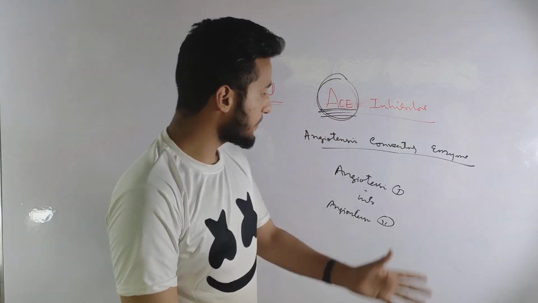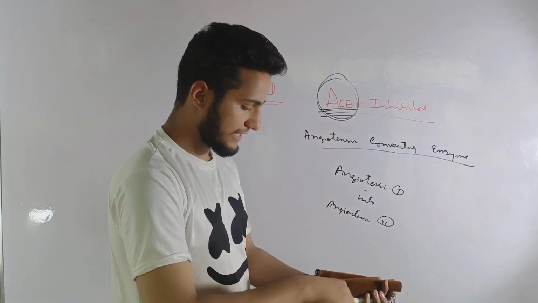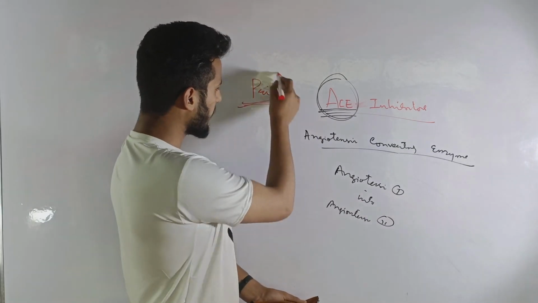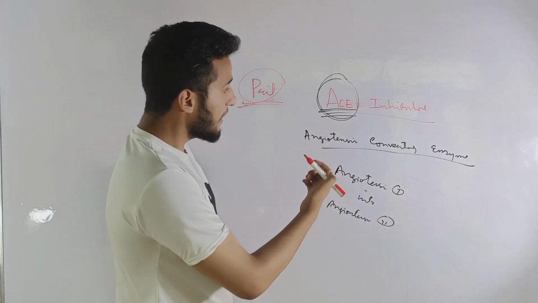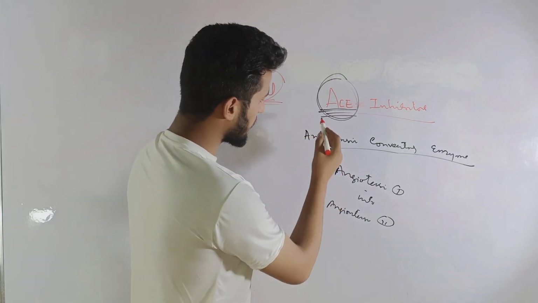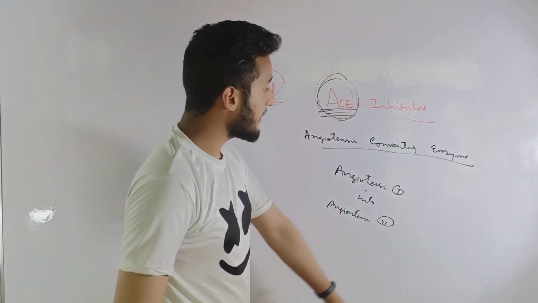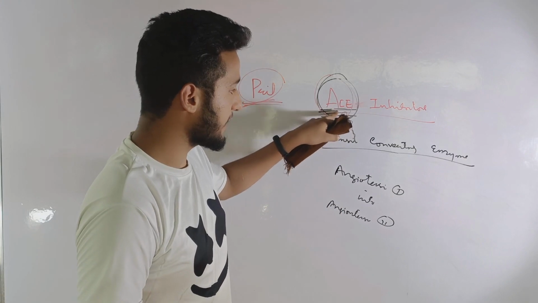If a person is taking drugs like captopril or ramipril, anything that contains pril, it will act on this enzyme and inhibit the function of the ACE enzyme.